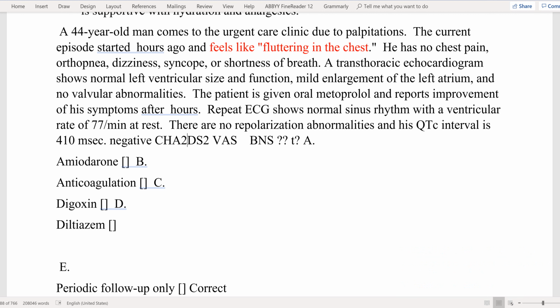If he had any of these, which is like obviously stroke, diabetes, hypertension, CHF, then we do anticoagulation. If the score is 0, then no treatment. If it's 1, we either give no treatment or we give oral anticoagulation. But if it's more than 2, then we give oral anticoagulation.